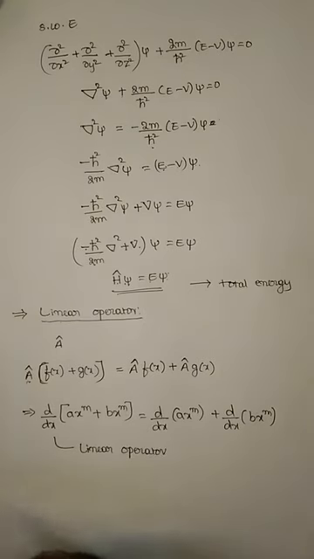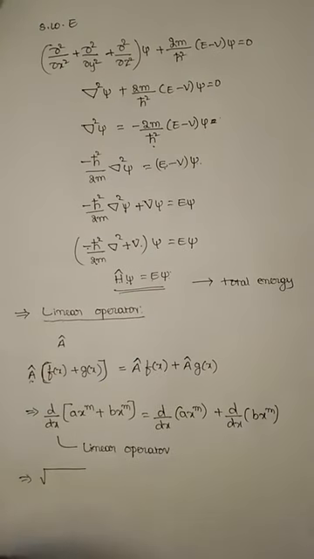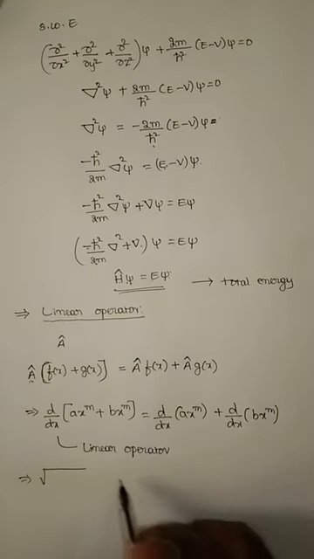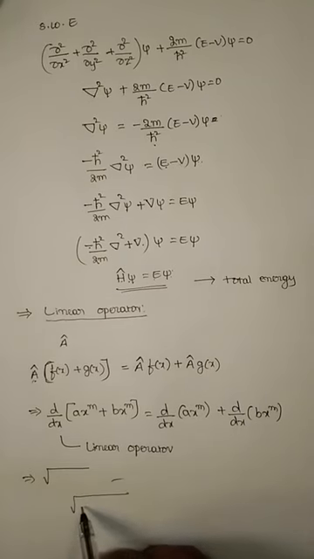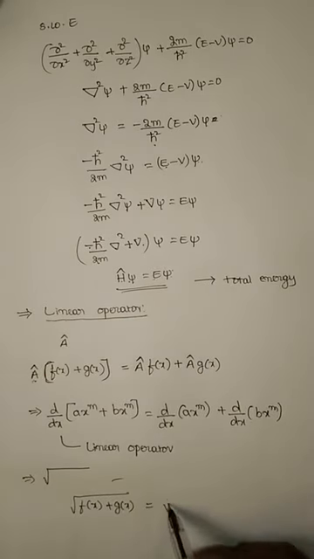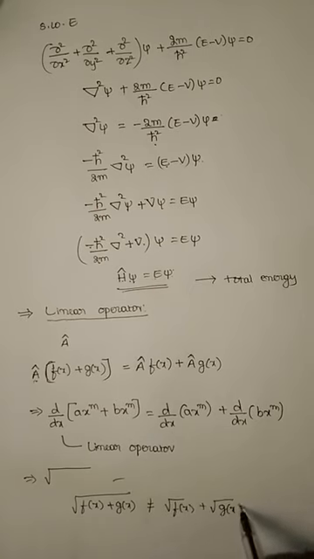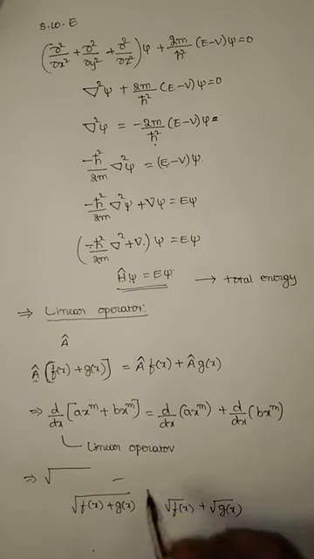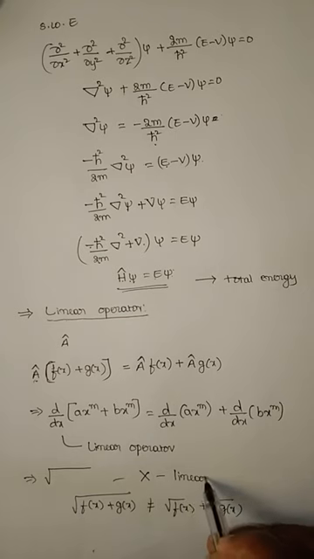If you consider one more operator, say the square root, and you perform the square root of f(x) + g(x), that can never be equal to the square root of f(x) plus the square root of g(x). So the square root cannot be a linear operator.